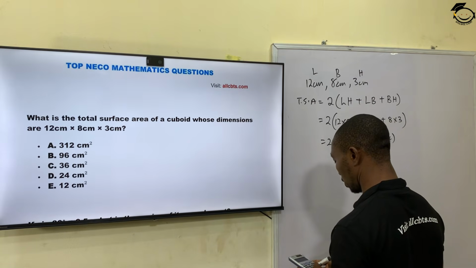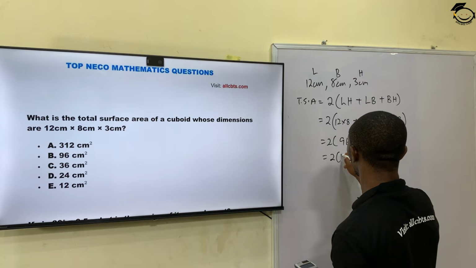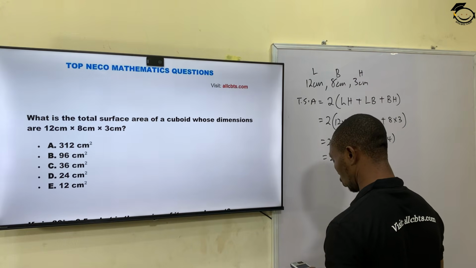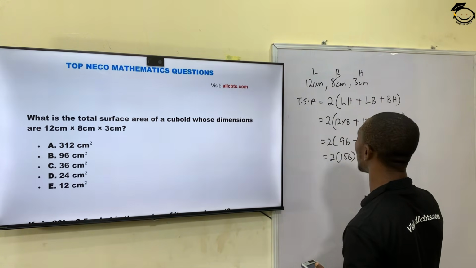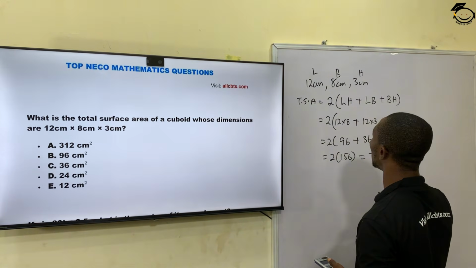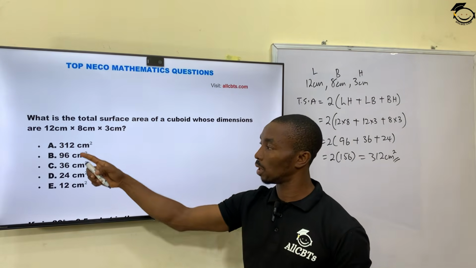So 96 plus 36 plus 24 would give us 156. So 2 times 156 would give us 312 centimeter square, since we are working with area. So our answer will be option A.